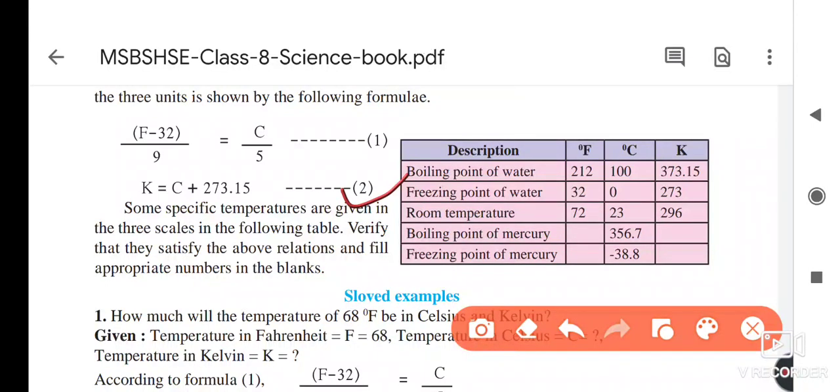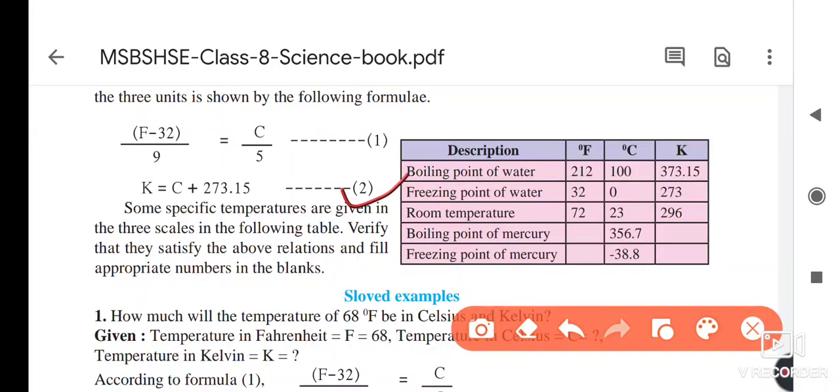The normal room temperature is 23 degrees Celsius, which is 72 degrees Fahrenheit and 296 Kelvin. The boiling point of mercury is 356.7 degrees Celsius, and we have to calculate it in Fahrenheit and Kelvin with the help of formula 1 and formula 2.